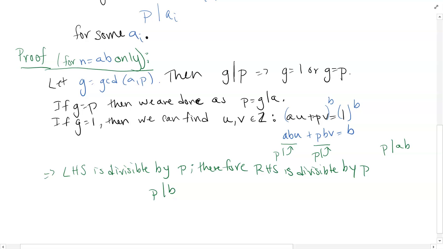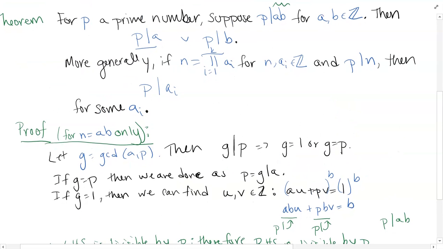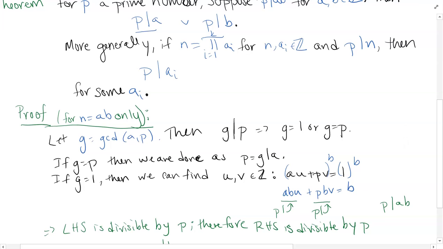Okay, so we have that either-or criterion that we established above. p divides a was the condition in the first bullet, and if that wasn't the case, then in the second case we showed that p divides b instead. Now what you can do is extend this to the other case where n can be represented as a product of many different numbers.